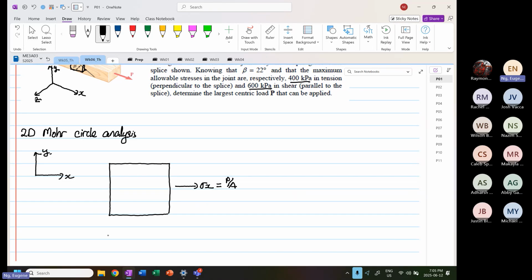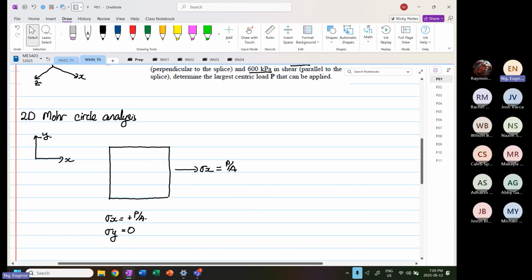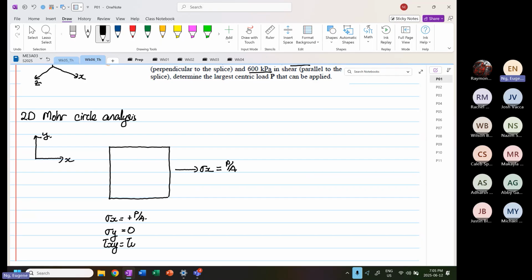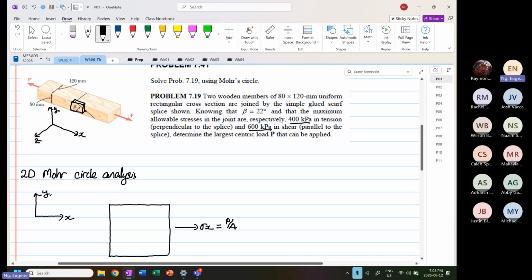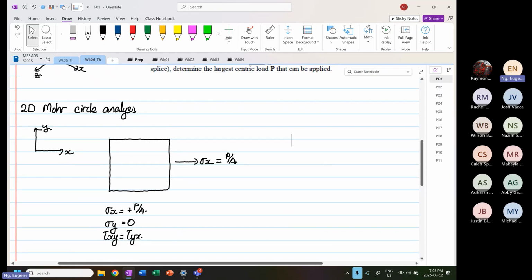So what we have is stress X equal to positive P/A. And we are aware that stress Y is equal to 0, and shear XY is equal to shear YX. As you can see, there's an axial load P acting on it only. So this is as good as equal to 0.